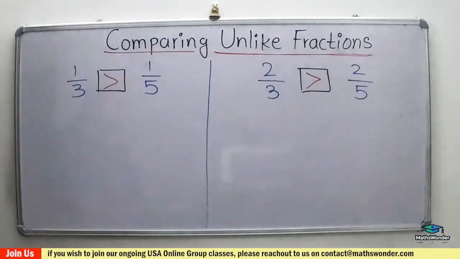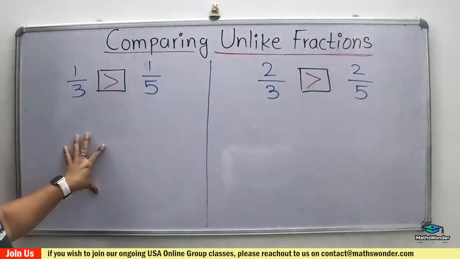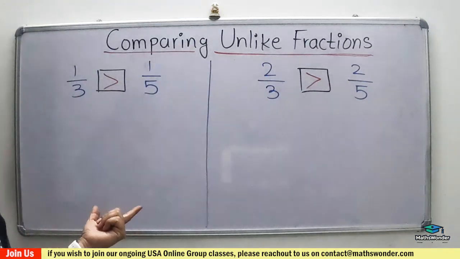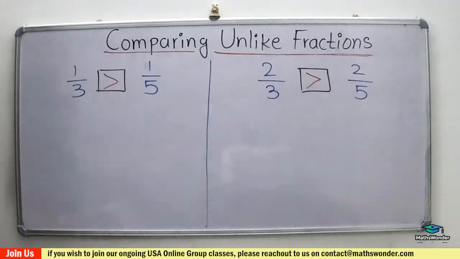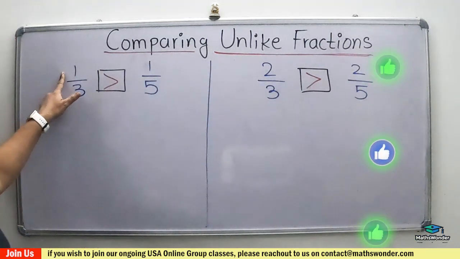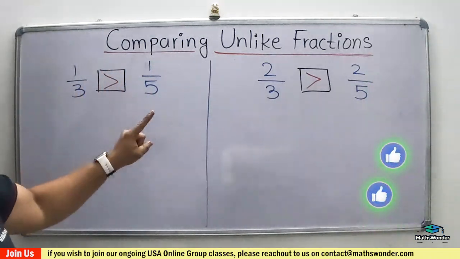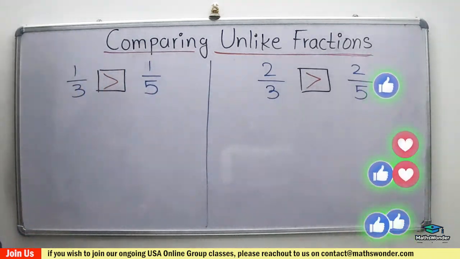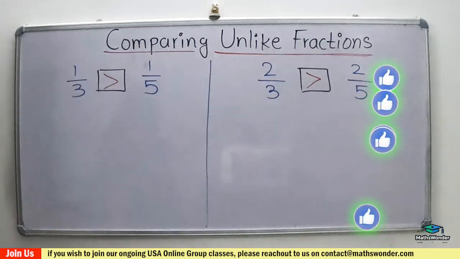Same, 2/3 is greater than 2/5. Understood the concept? When denominators are the same, then the bigger numerator will be bigger. But when numerators are the same, then the smaller denominator will be bigger. Okay? Easy?